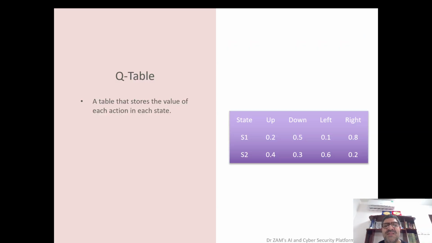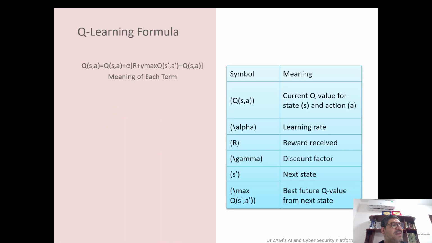And then there is the Q table, which stores the value of each action in each state. If you move up, what is the value of that; if you move down, left, right, what is the value of each. From state S1 and state S2, it shows the values if we make these moves. That's called a Q table.